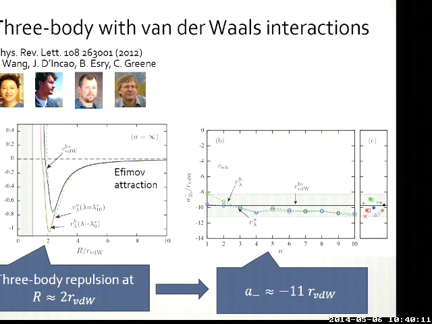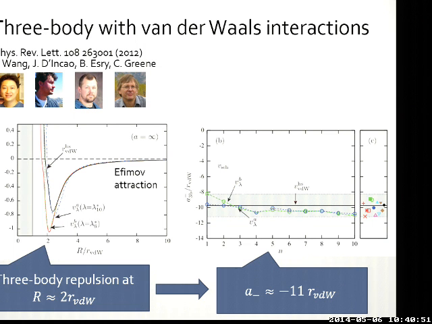there were three-body calculations by Jia Wang, Jose D'Incao, Brett Esry, and Chris Greene, who is here in the audience. They did a three-body calculation with van der Waals interactions to interpret these experimental results. What they found is that if we look at the hyperradial potential, again at large distance there's this effect of attraction, and then at short distance there appears a repulsive barrier at a hyperradius around twice the van der Waals length.